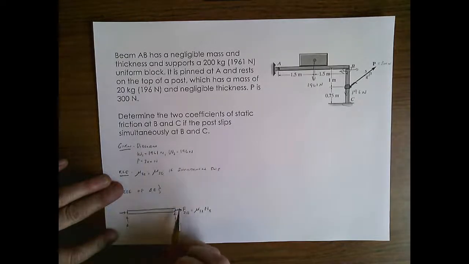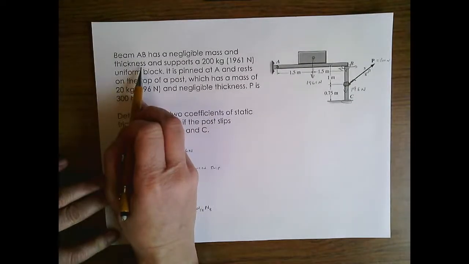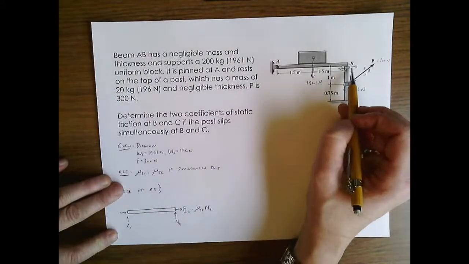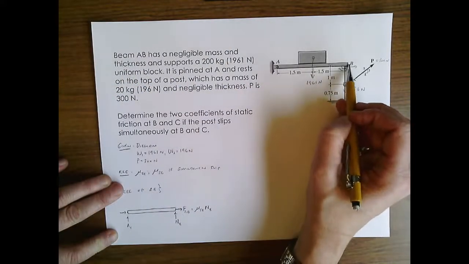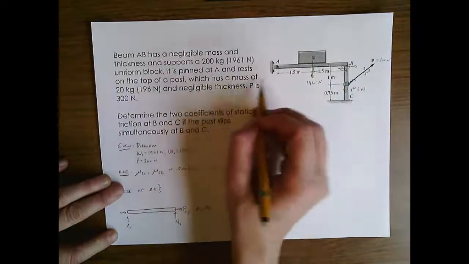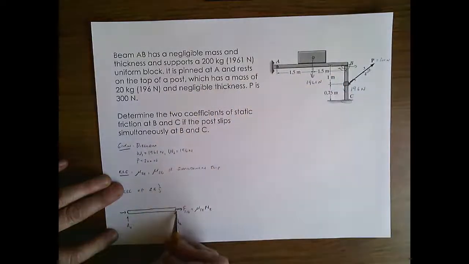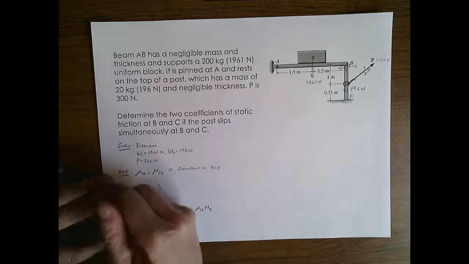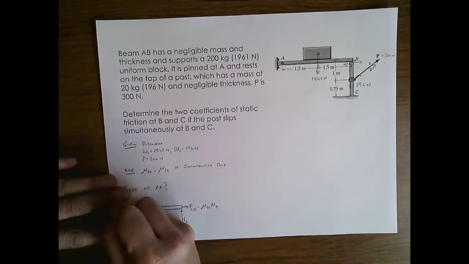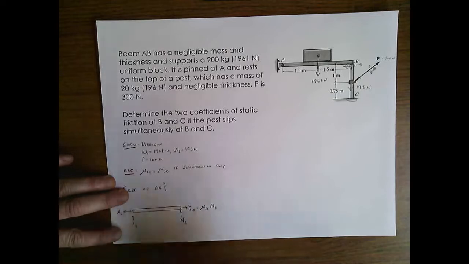And one important thing here: it said negligible mass and negligible thickness, which means that this point is going to wind up acting down through the middle. So the fact that both of these are negligible thickness means that this force of friction is basically going to pass through this point. Over here I've got AX and AY for a pin.